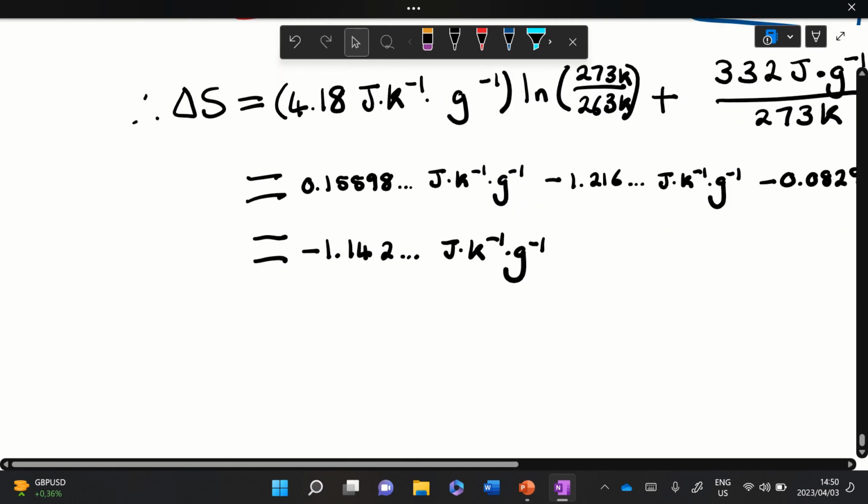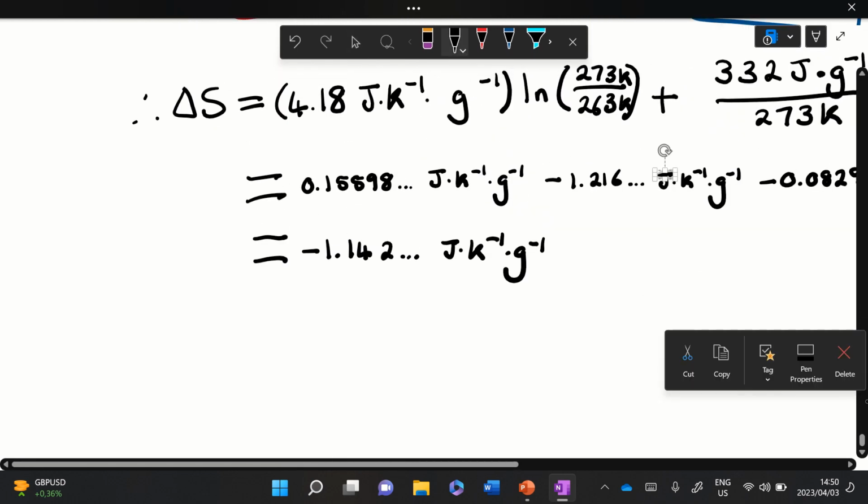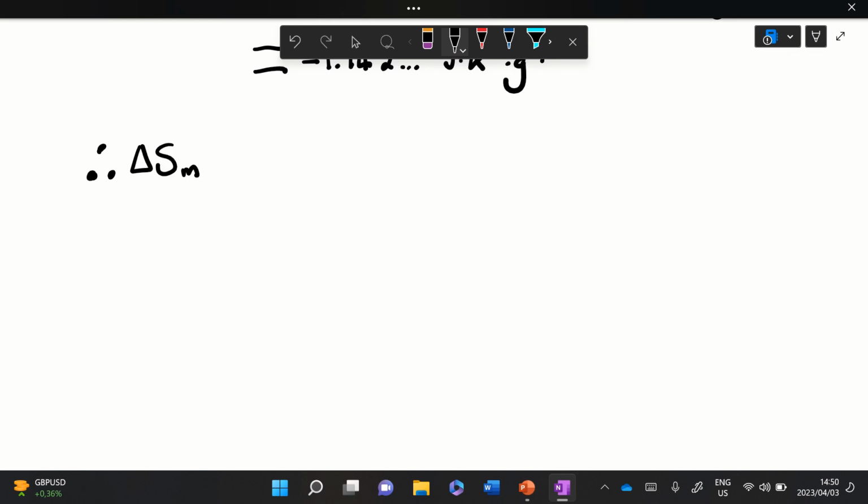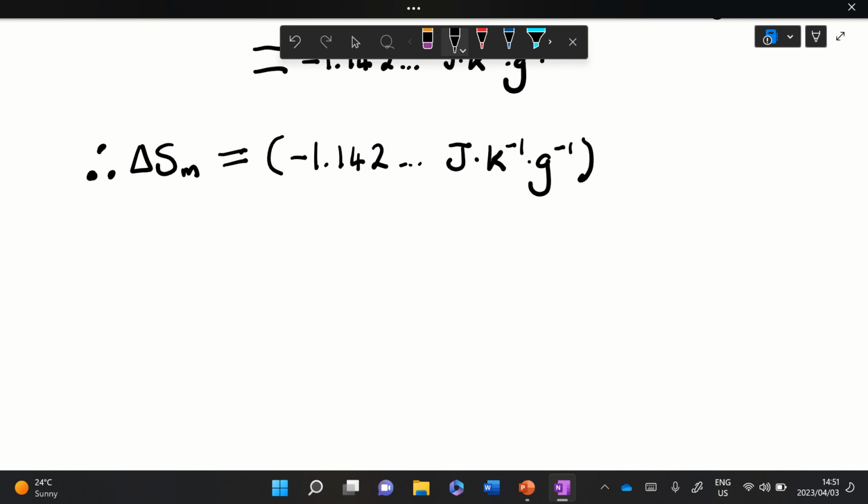So in other words, the molar entropy change will be equal to this minus 1.142 joule per Kelvin per gram times 18.02 gram per mole.